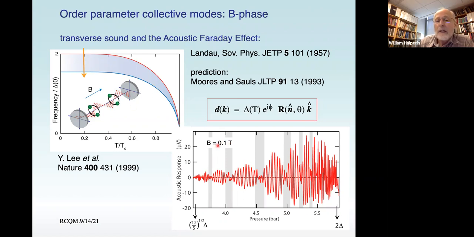This is at 0.1 Tesla. And in fact, you can observe rotations of the transverse polarization in a 30 micron cavity up to 1,700 degrees. It's truly fantastic. This experiment was first launched by my former student, Yoon-Suk Lee, now at the University of Florida.